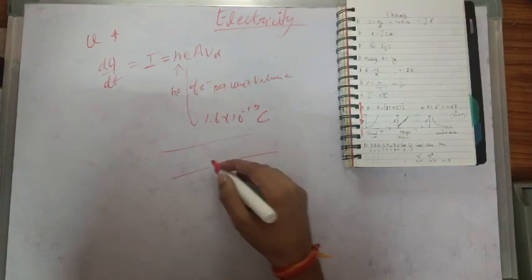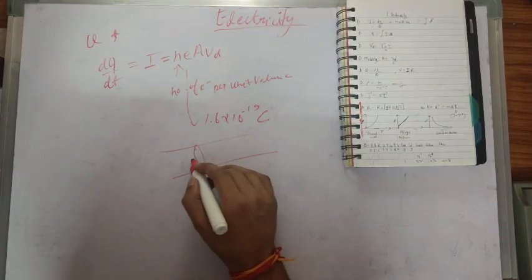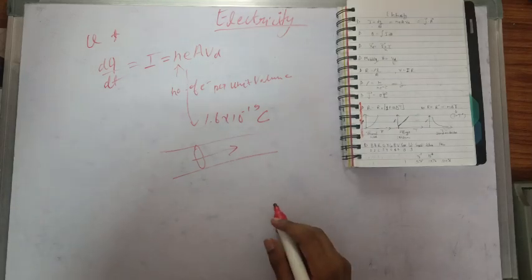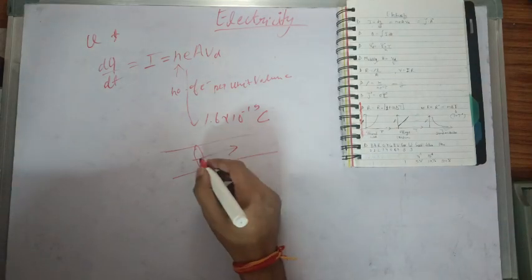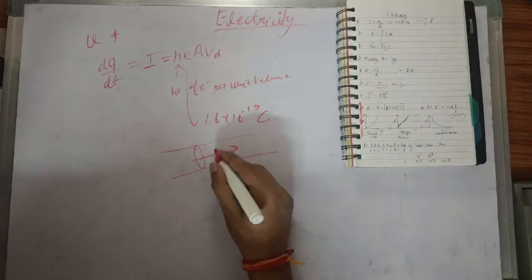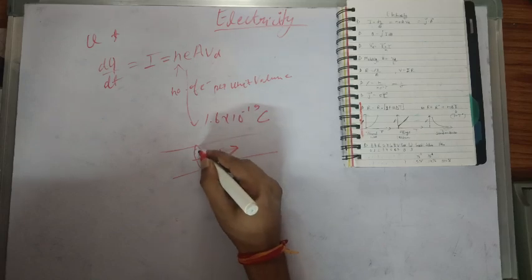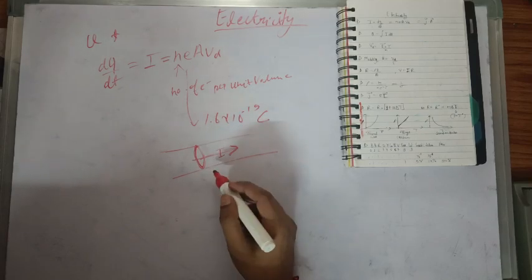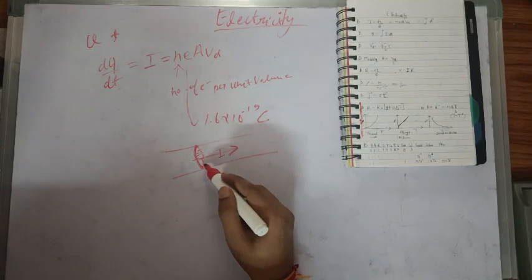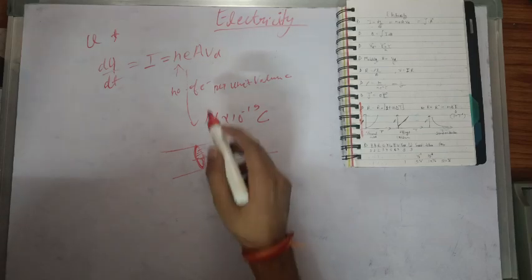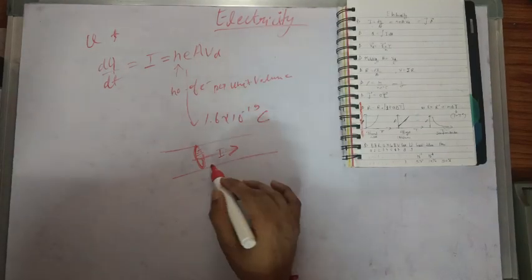Let's say this is the wire and it has current I flowing in this direction. Then the area of cross section of the wire is A, and Vd is the drift velocity of the electron.